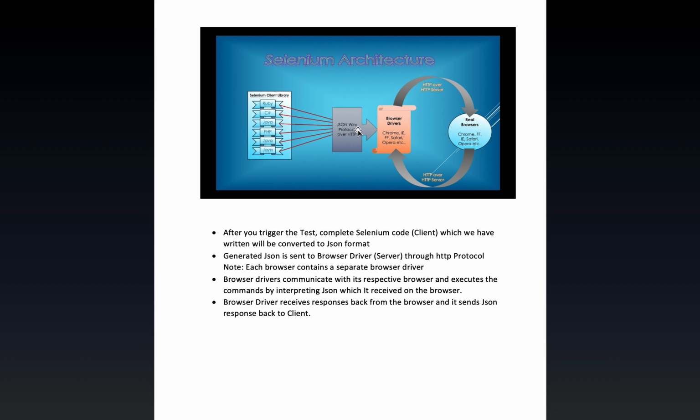So now that it's taken our code, our set of instructions and what we want it to do, our driver gives it to the browser itself, and that browser, in this case Google Chrome, is going to follow the set of instructions that it received from the driver, written in this JSON file that came from our local machine, our code.